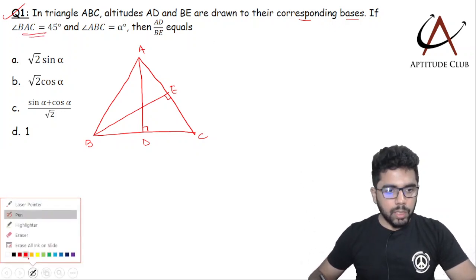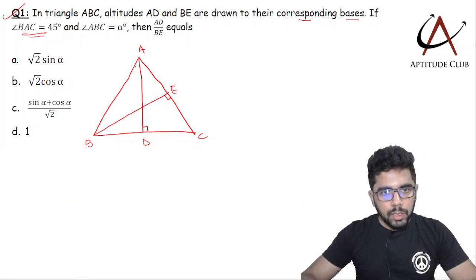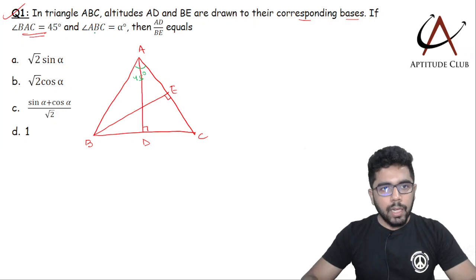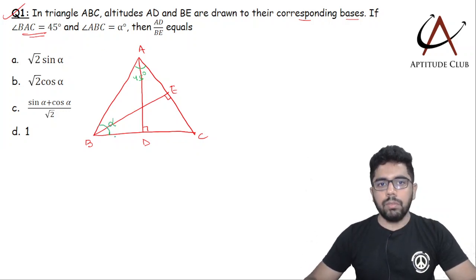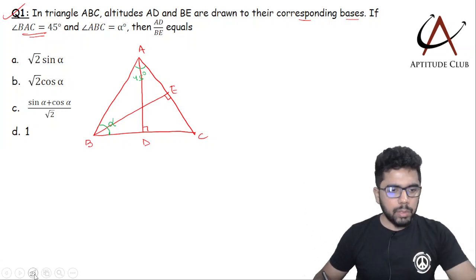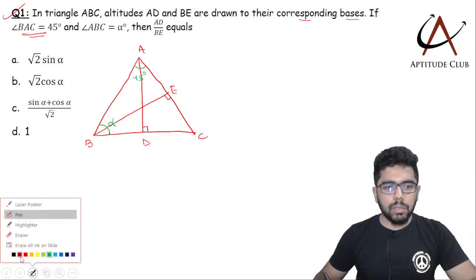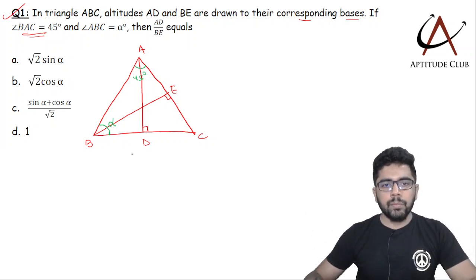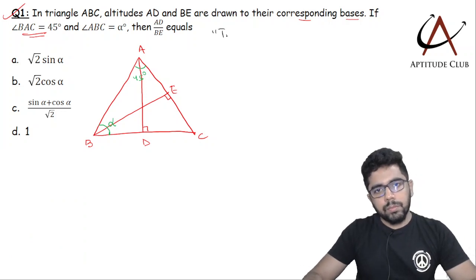Now angles are given. Angle BAC is 45 degrees. This total angle is 45 degrees, and angle ABC is alpha. This angle is alpha. So we have to find AD by BE. Now initially it might look like a difficult question, but it's a very easy question. Super easy question if I just apply principles of geometry here. Like trigonometry will be used here.